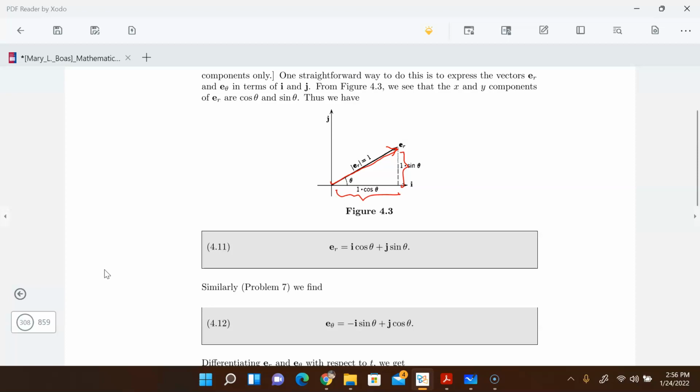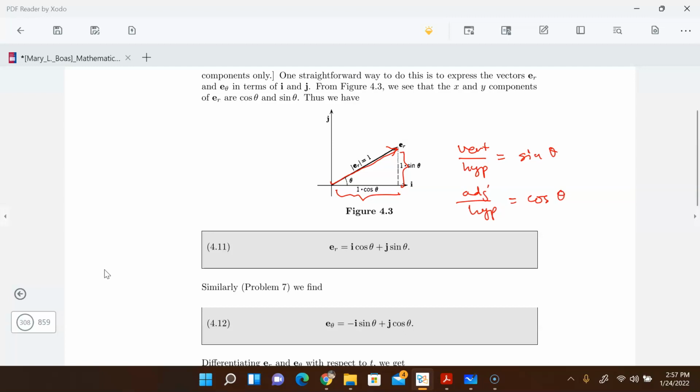So you remember that vertical over hypotenuse gives you sine theta, I can't remember my school things, and then adjacent over hypotenuse gives you cos theta. So this is by construction now.